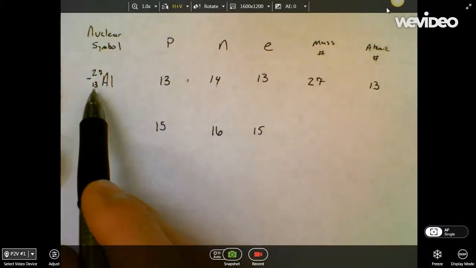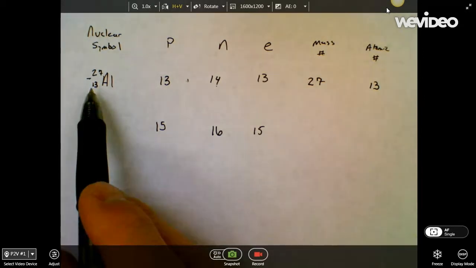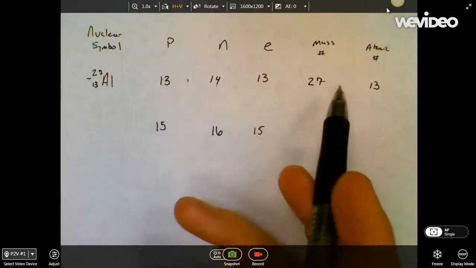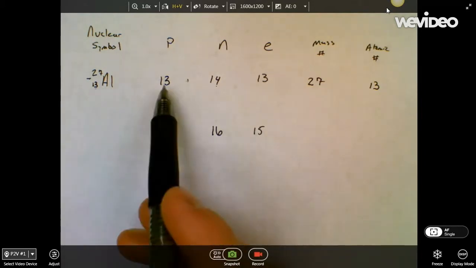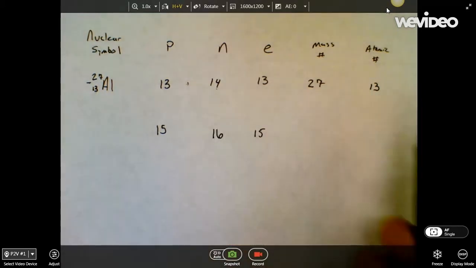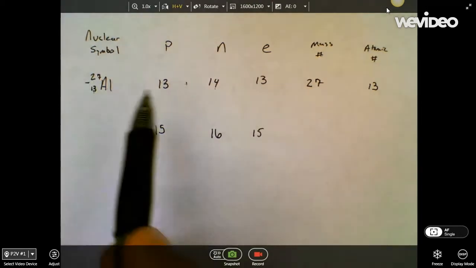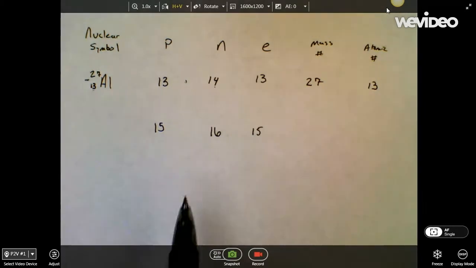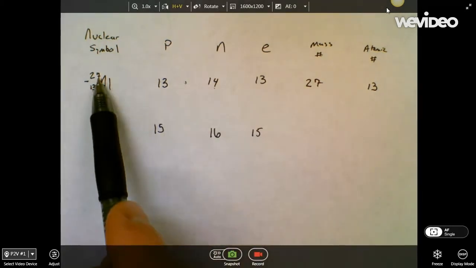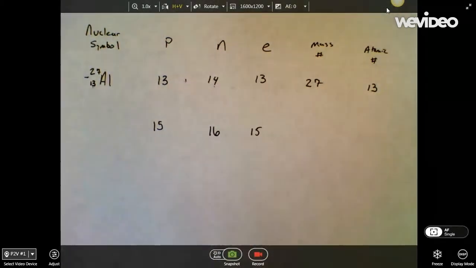So by adding that bottom left number, it gives us a kind of pivot point to figure out the rest of this row. 13 goes in the protons, goes in the atomic number. Top left minus bottom left is neutrons. Bottom left minus top right, electrons. Then either protons plus neutrons or just the top left number is the mass number.